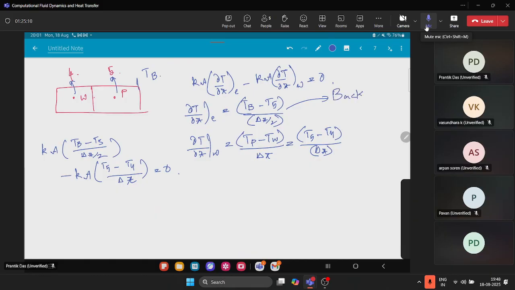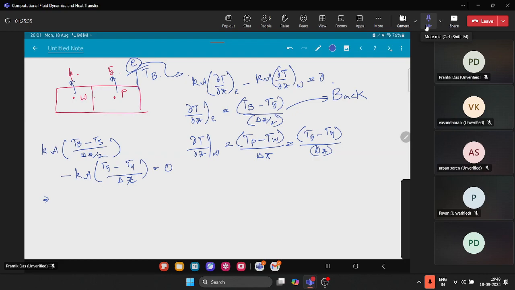Backward, since I'm considering it at the east face itself, so Tb corresponds to the east face. What I'm doing is taking a point on the left hand side of that face, and that's why it is called the backward difference. If you go to the derivation in the finite difference class, and also to the derivation I've done previously in this class, you will see why I'm saying this.